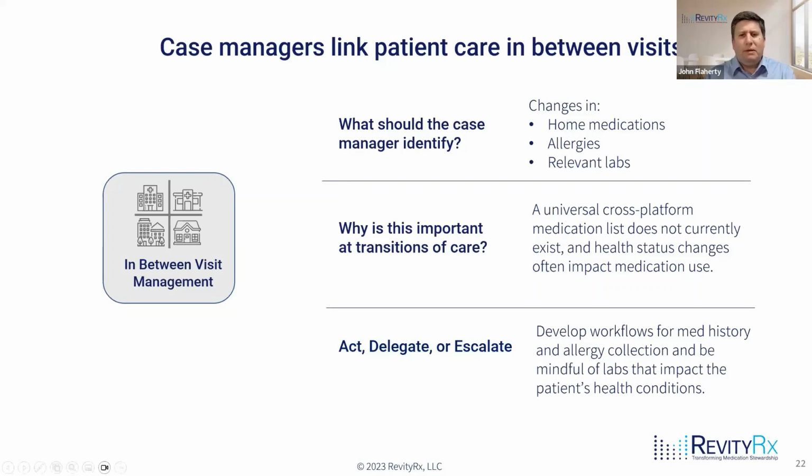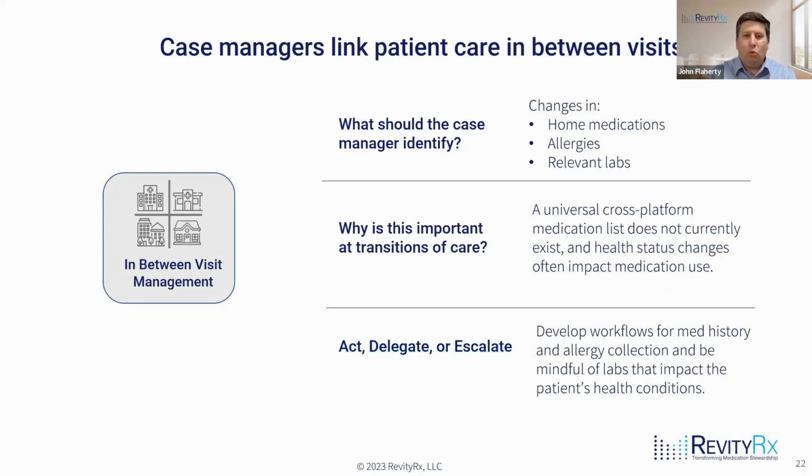And when we think about this type of information, why is this important at transition of care? Well, when we think about medications at the moment of transition of care, and how fragmented our healthcare system is, and the siloing of our different EMR systems, there's really no universal cross-platform medication list that currently exists.